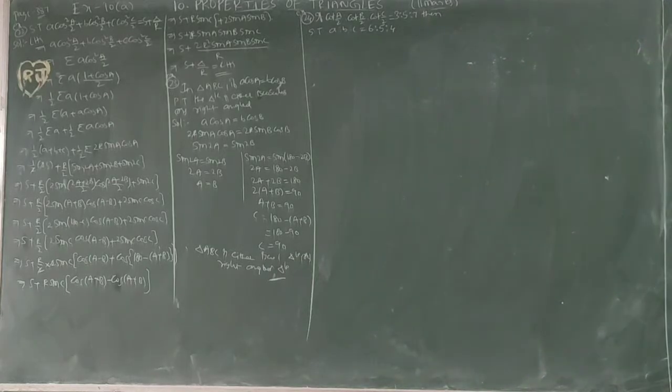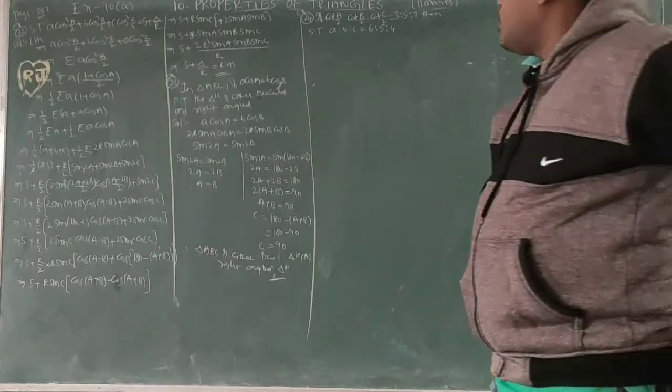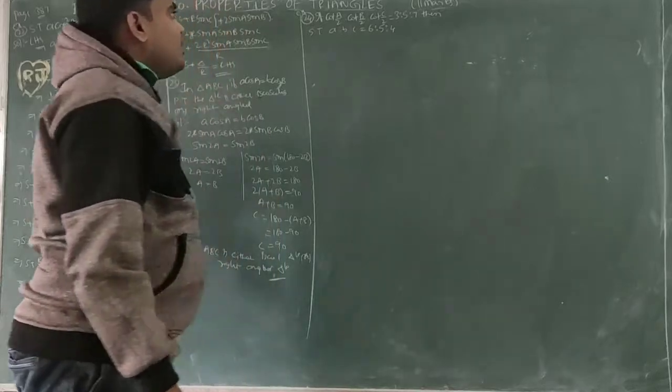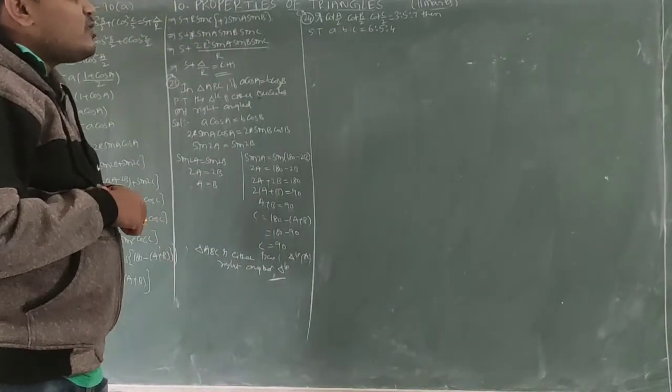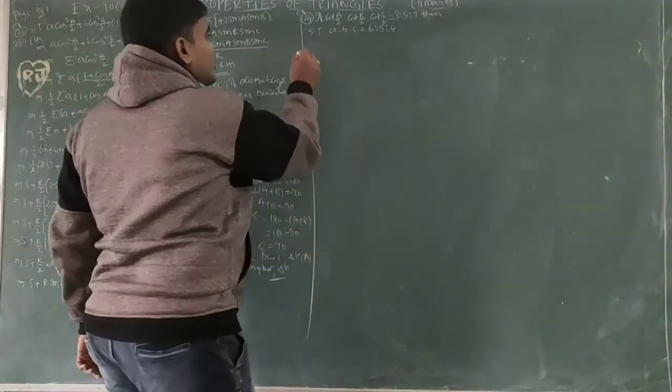Okay, now, cot A/2 : cot B/2 : cot C/2 equals 3 : 5 : 7. Solution.